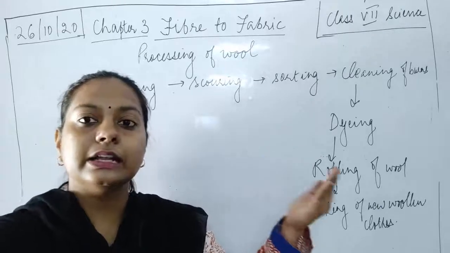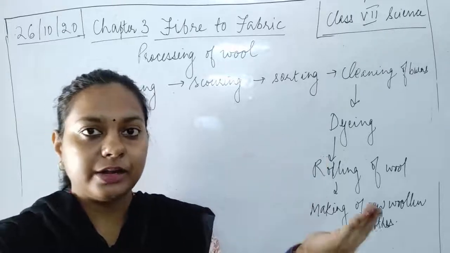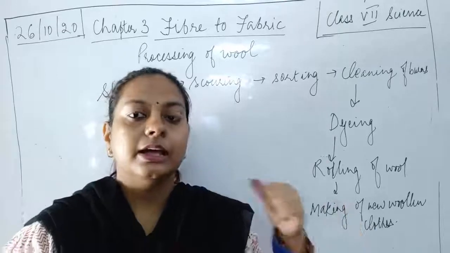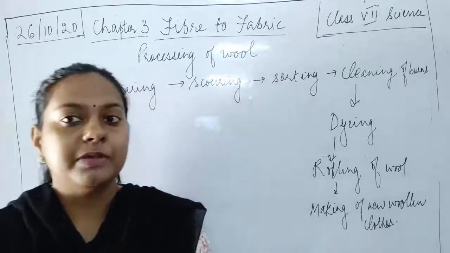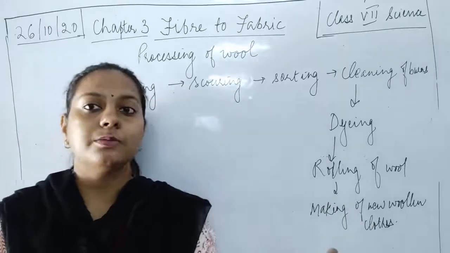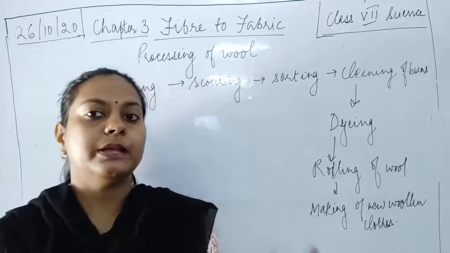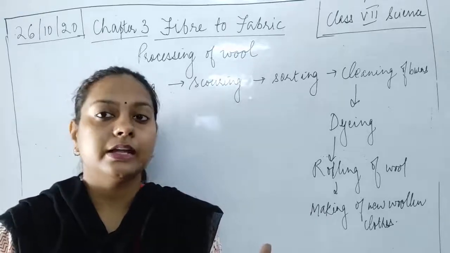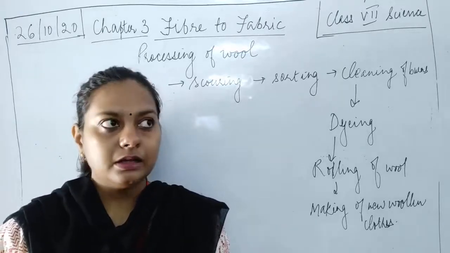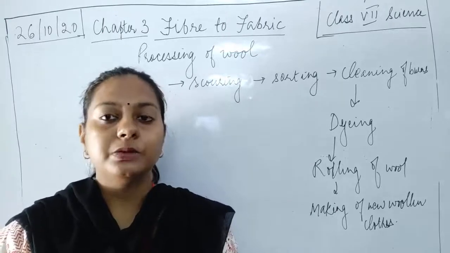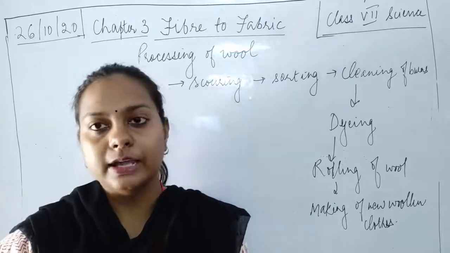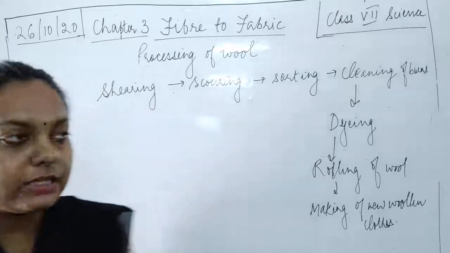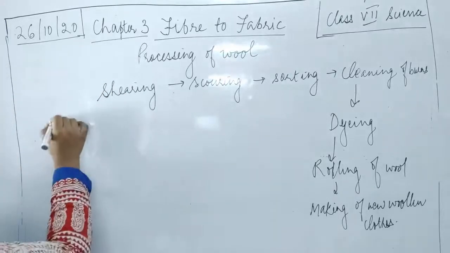People are in direct contact with the fibers, the hair, the colors, the chemicals, which may also create some problems in the body of the human being who is working in these industries. So it is known as occupational hazards.